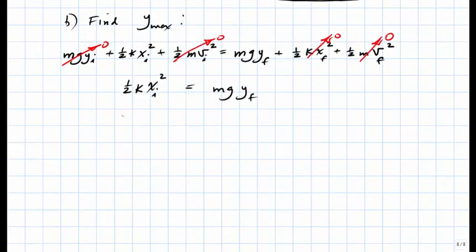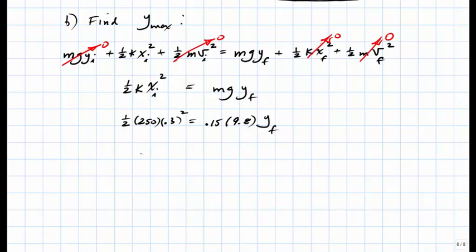Let's substitute the proper values. Of course, k equals 250, and the initial compression, as we noted earlier, just equals 30 centimeters, which is entered as 0.3 meters. The mass of the object is 0.15, of course that's 0.15 kilograms. G equals 9.8, and the only thing that is unknown is y final.